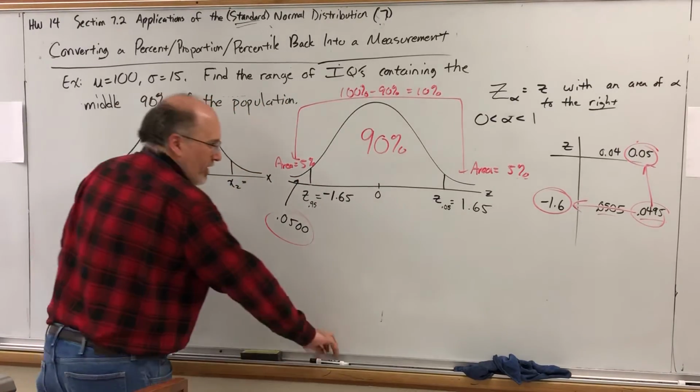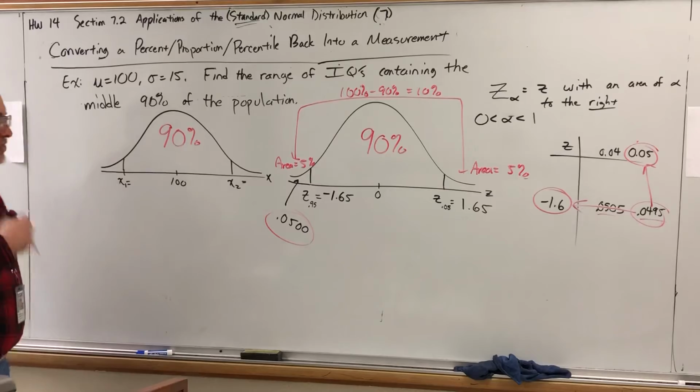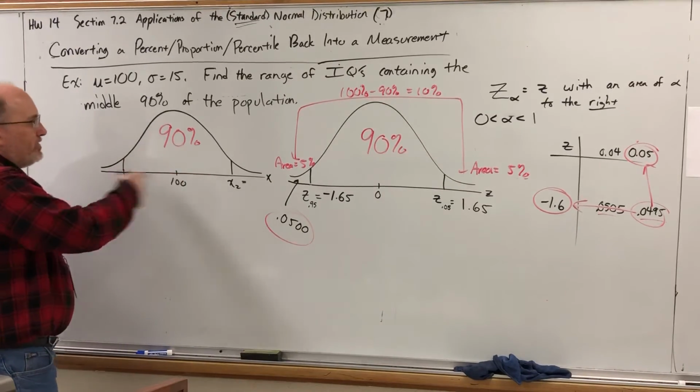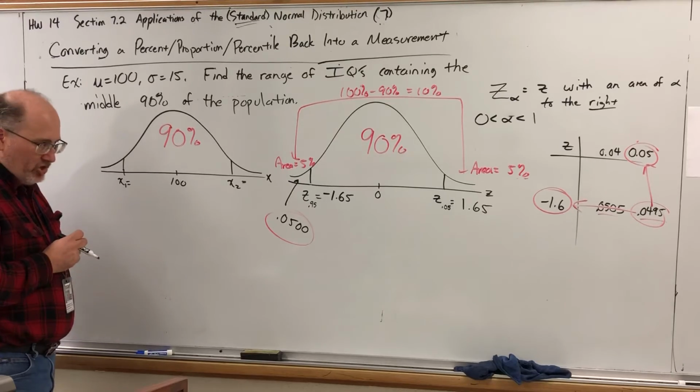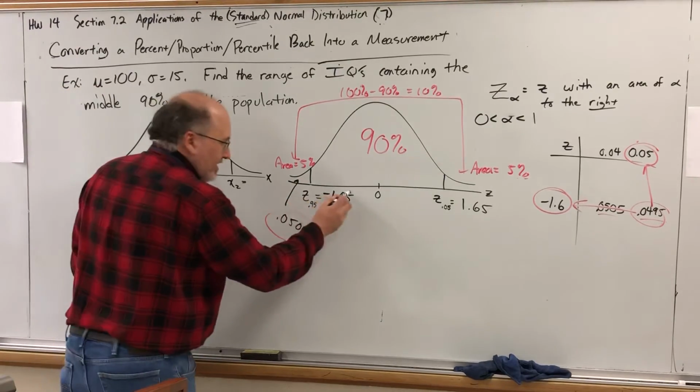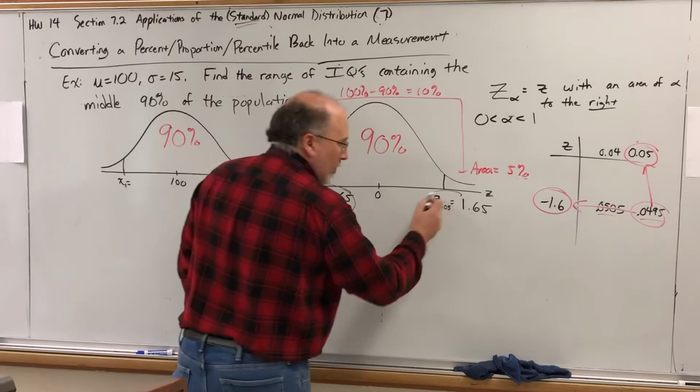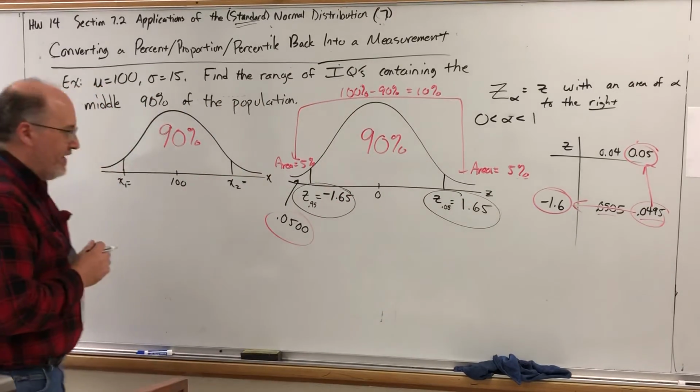But we're not out of the woods yet, because that only gives us our z-scores. The question was, what interval of IQs contains the middle 90% of the population? So we have to take each of these z's and turn them back into measurements, back into x values.